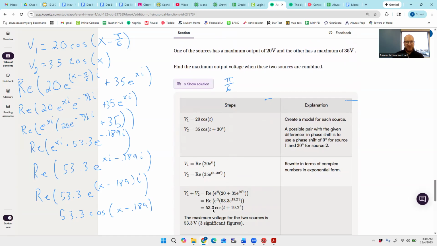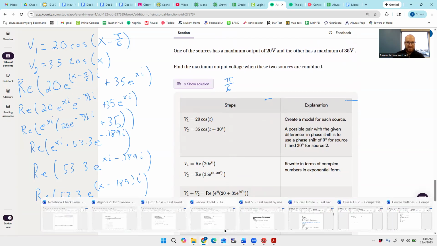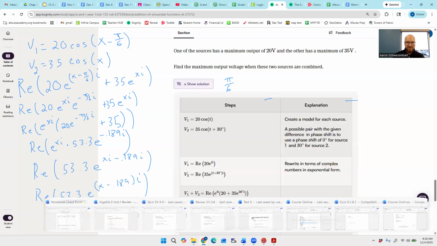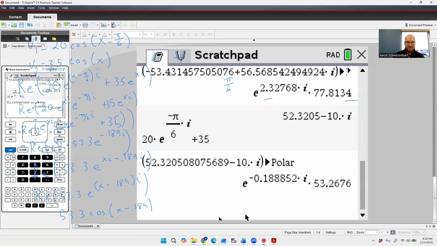It doesn't matter, you end up with the same thing. I'm pretty sure 19.2 is 0.189. If they wanted the angle, they would have to be specific about whether you were adding or subtracting.